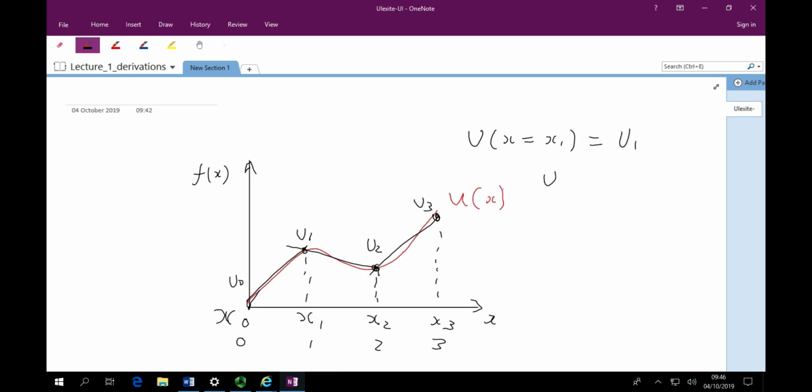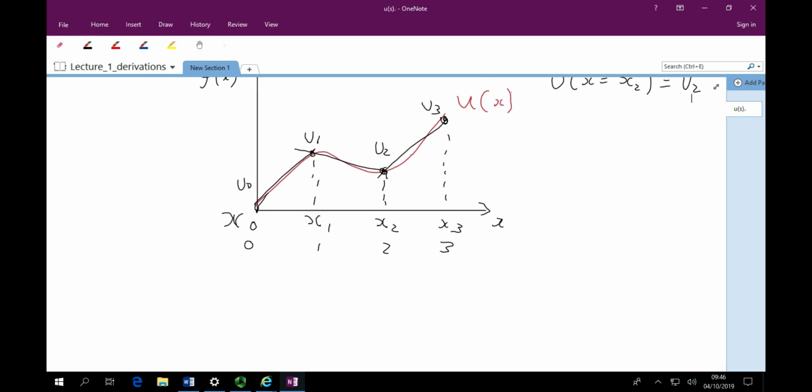So u at x equal to x2 is just going to be u2 and so on. So this is just notation. So the value of u as a function of x at the point x1 or x2 is just u1 or u2 respectively.